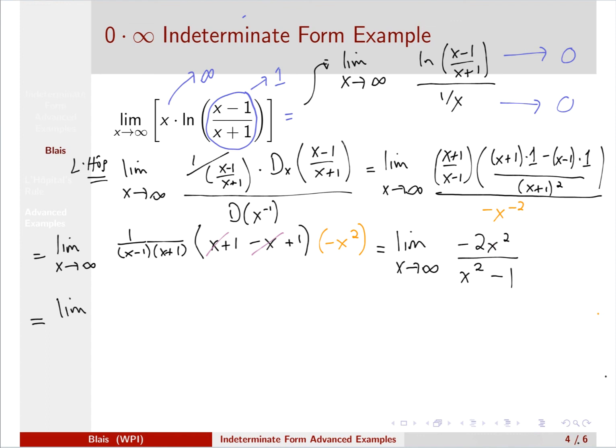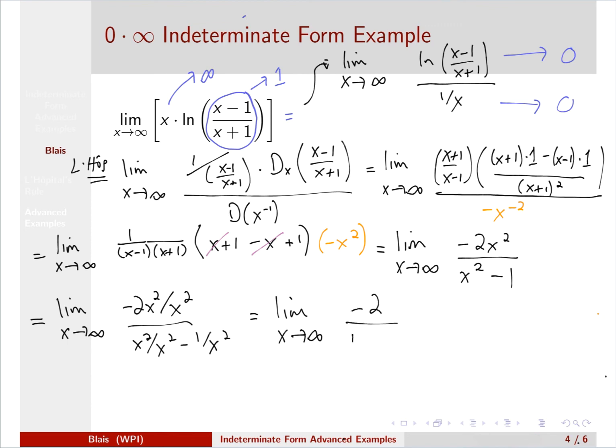So this becomes the limit as x goes to infinity of minus 2x squared over x squared divided by x squared over x squared minus 1 over x squared. We simplify, and we get in the numerator a minus 2, in the denominator a 1 minus 1 over x squared.